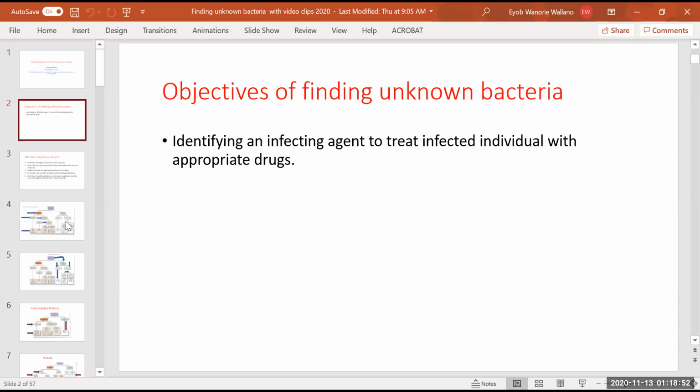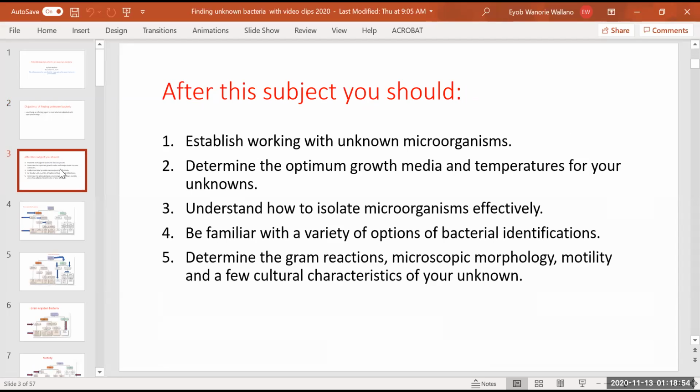For this reason, I'm bringing certain general objectives. The first is to establish working with unknown microorganisms. When you make a streak or have a colony, from the colony you make a gram stain, spore stain, and acid-fast stain. Working with that is a good example in the microbiology laboratory.